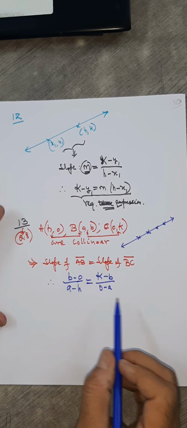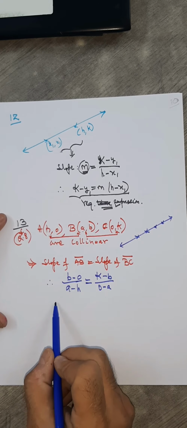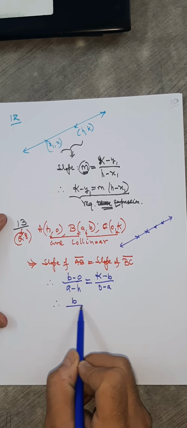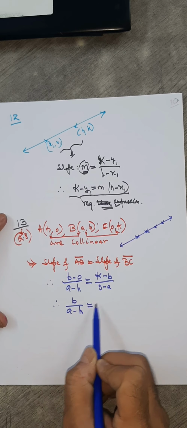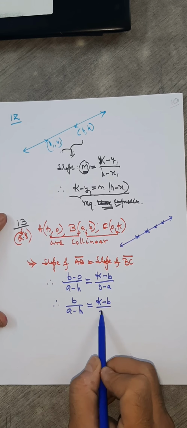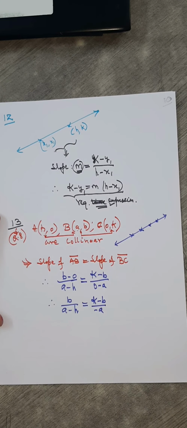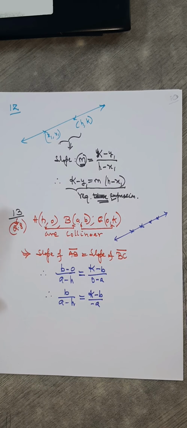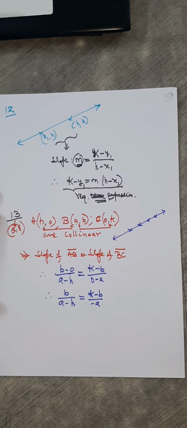So we have this much. Now we'll just simplify. B upon A minus H equals K minus B upon minus A. Fine. Now the question is what? Simplification.